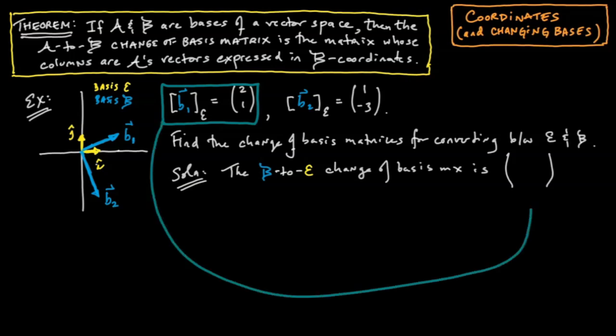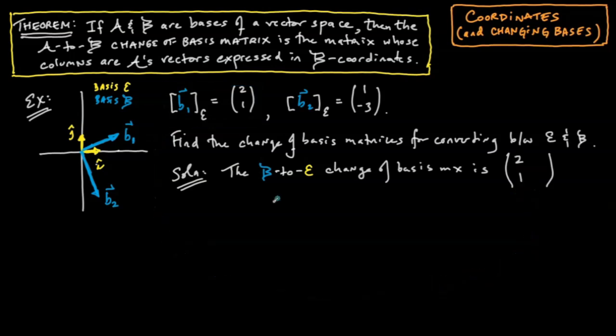So that becomes the first column of our B to E change of basis matrix. Its second column is given by B2's standard coordinates, which are going to be 1, minus 3. And now we have our change of basis matrix. That was easy. Let me give this a name. Let's call it C for change of basis.